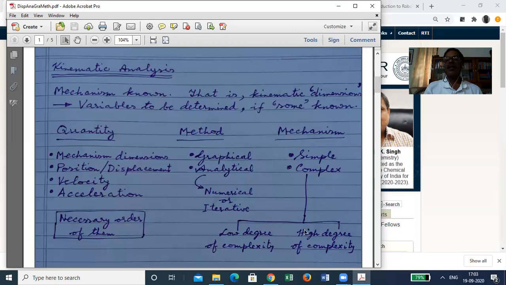And these things will be actually more germane to the analysis issues when we study velocities and accelerations. In configurations or displacement analysis, you just stay at that point that they succeed in simple mechanisms and not in complex mechanisms. Let us see further what are these as we proceed.